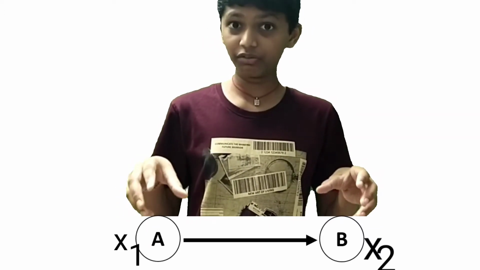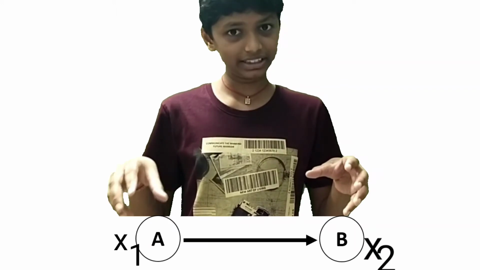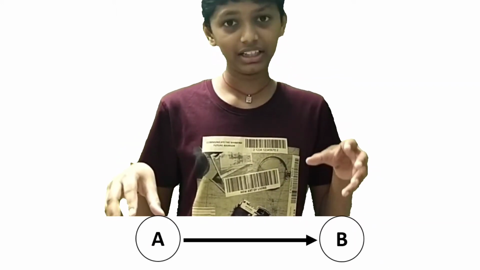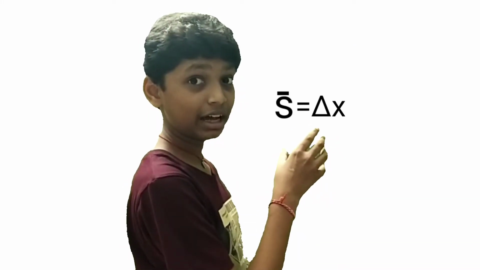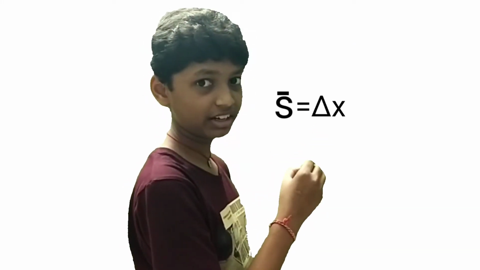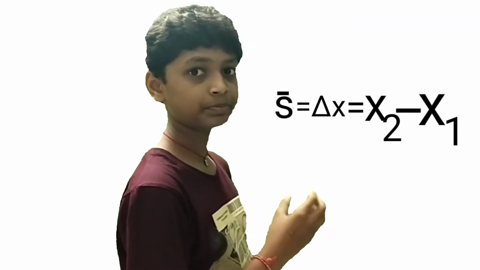The displacement is x2 minus x1, where x1 is the initial position and x2 is the final position. Then the formula of displacement is S bar equals delta x, where delta means change of position, and delta x equals x2 minus x1.